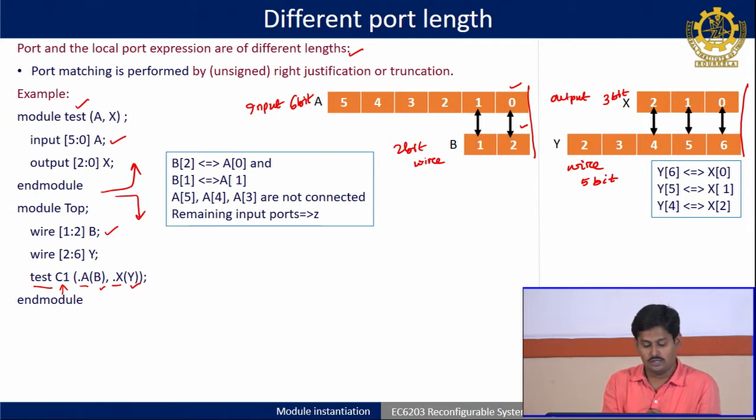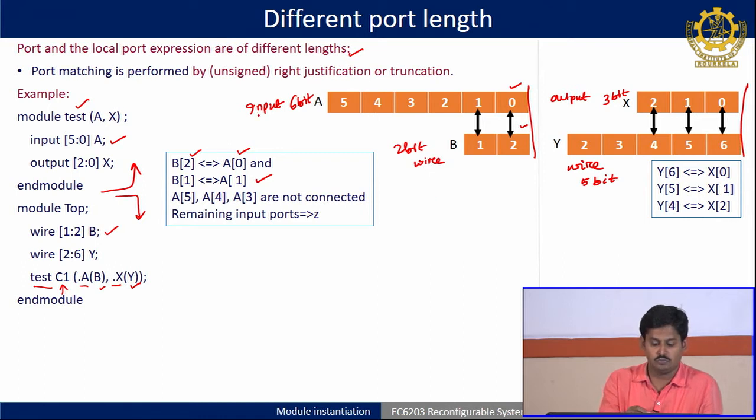Okay. So, in this case, A is now 6 bit, B is 2 bit, which is less than 4 bit. So, now while association of A and B, it is right justified. Okay. So, the left 4 bits will not be connected to any subsequent value of B. Now if you will see, B2 is connected or associated with A0, and B1 is associated with A1, understood.